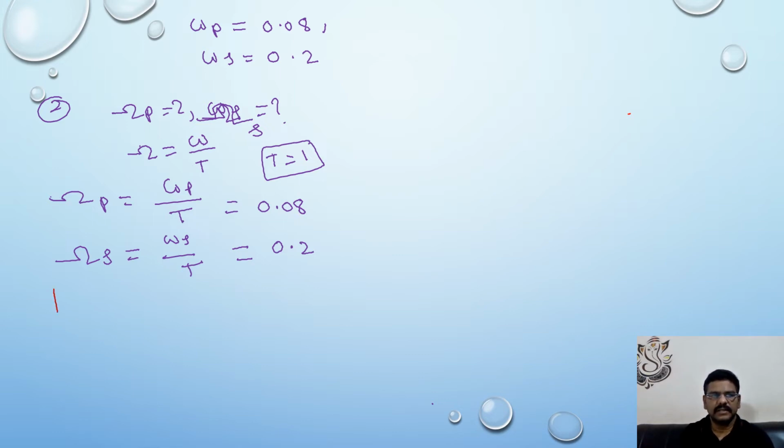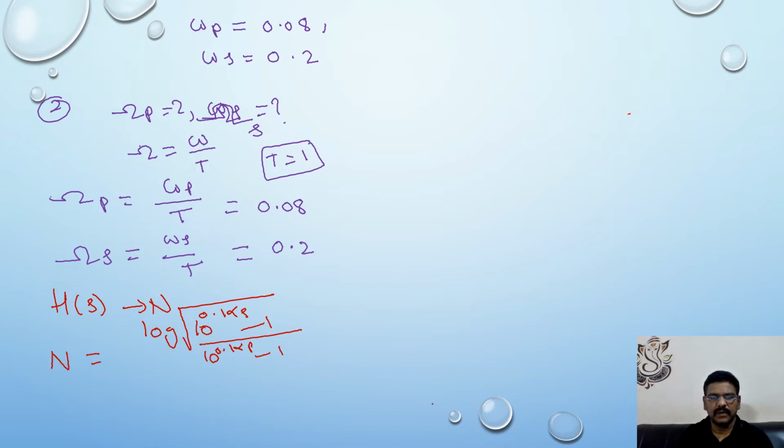To find our H of s, we need the order of the required analog transfer function. So we need to compute N from the given parameters. What is the formula for N, right? You know that N is equal to log root of (10 power 0.1 alpha s minus 1) by (10 power 0.1 alpha p minus 1), whole by log omega s by omega p.